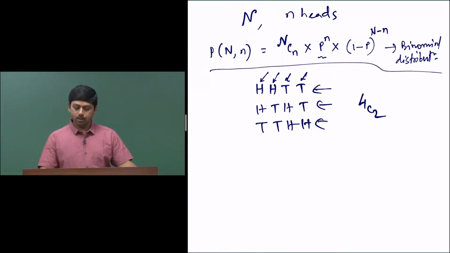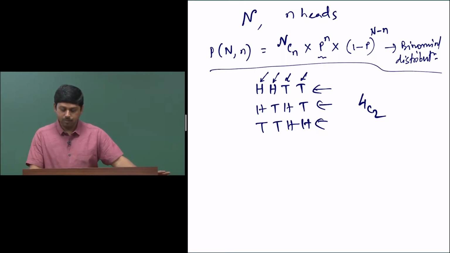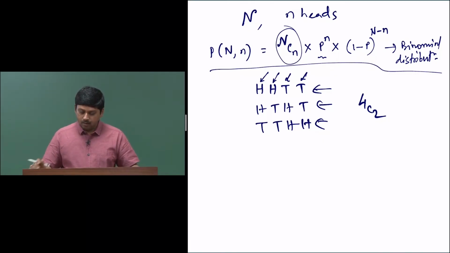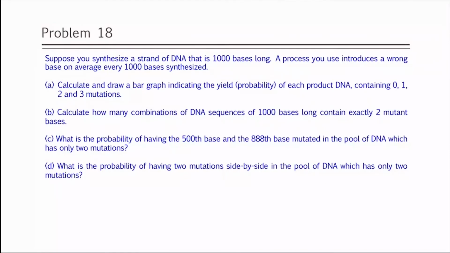This is an important distribution, as you know, and the number of possibilities we have already discussed in the case of Maxwell-Boltzmann distribution, that it is N C n. Now we are going to see one application of that, in the next problem.